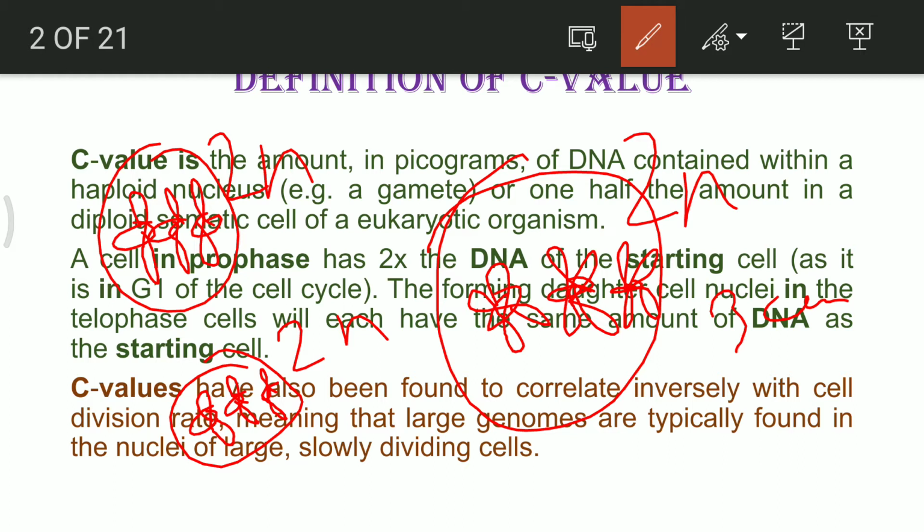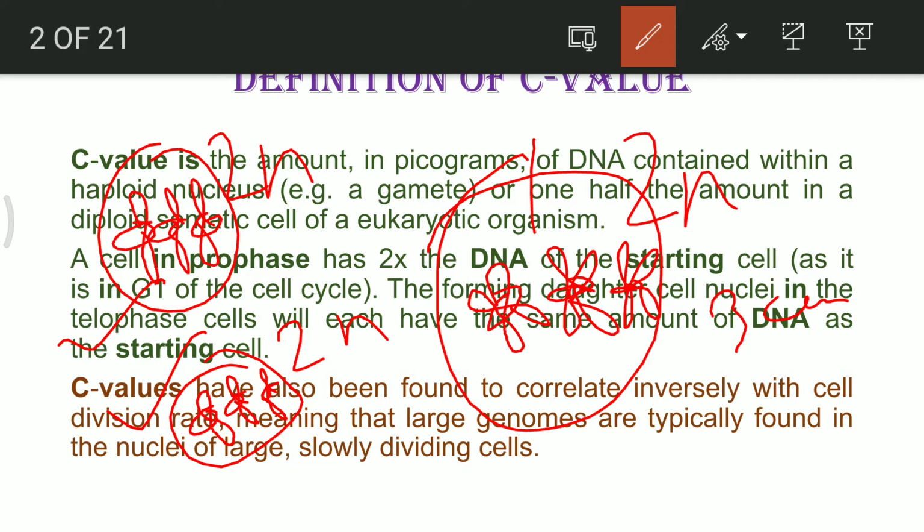All these cells drawn here, this cell is at, suppose, metaphase, or you can think of it as just a later stage of prophase. Similarly, in prophase it's 2n, and these cells in telophase are also having 2n cellular content. The nuclear content is 2n, chromosome number is 2n. This is to be understood.